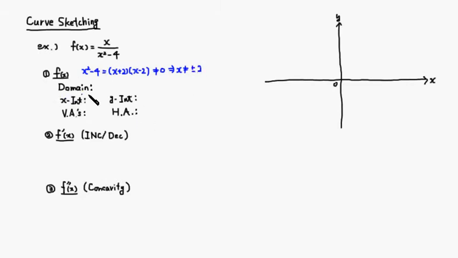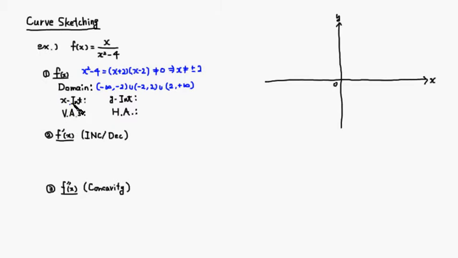The domain is all real numbers except positive 2 or negative 2. In interval notation, it's negative infinity to negative 2, skip negative 2, go from negative 2 to positive 2, skip 2, then go all the way to positive infinity. That would be the domain.